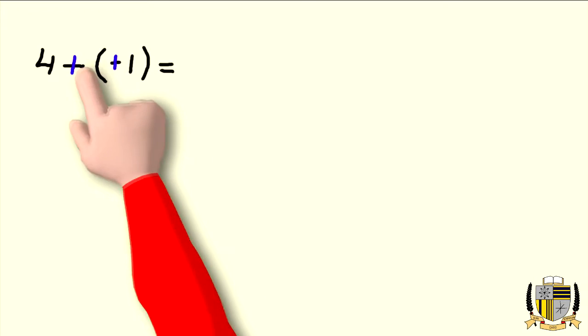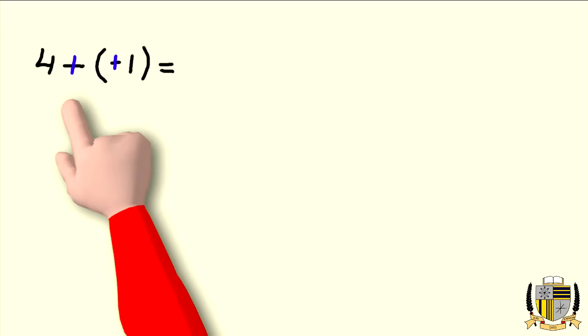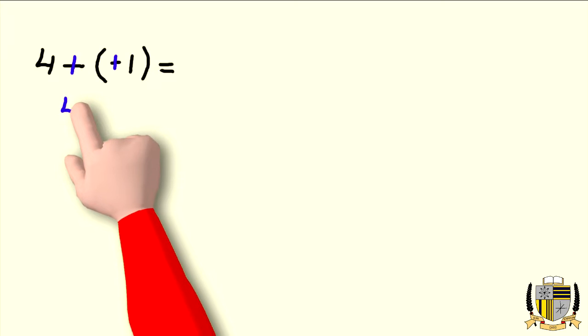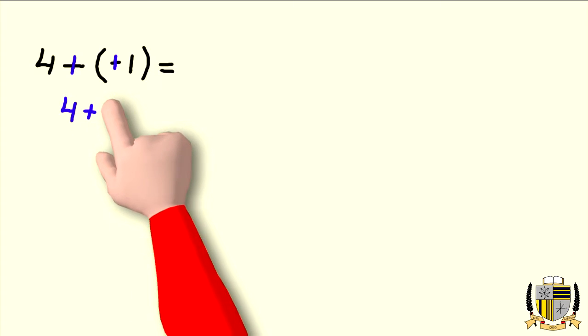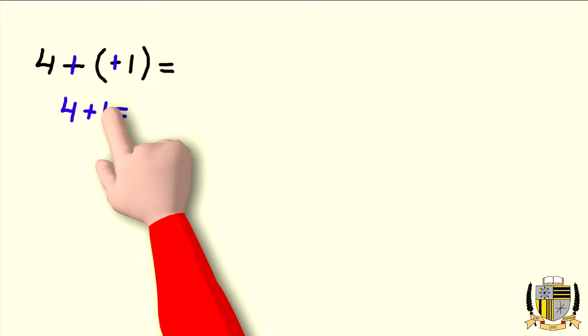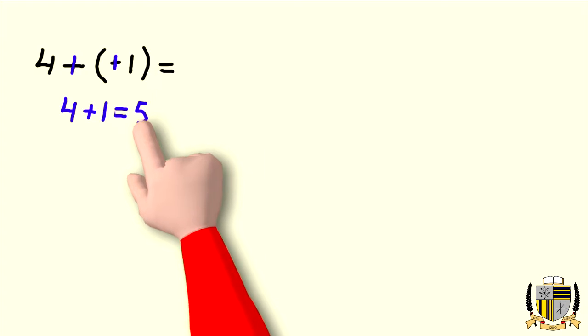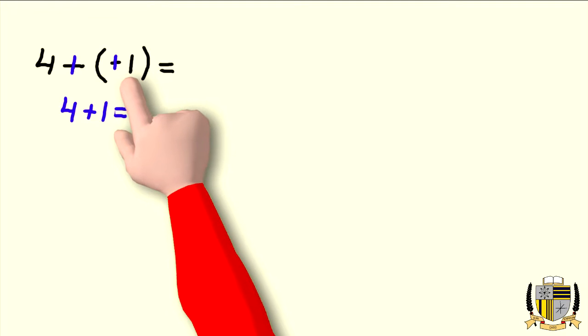And then this is our new problem to work on. So I'll just rewrite it. This is what we have now: a 4 plus a regular 1, and that's going to equal a 5. When we subtract signed numbers, we change the signs and then do addition rules.